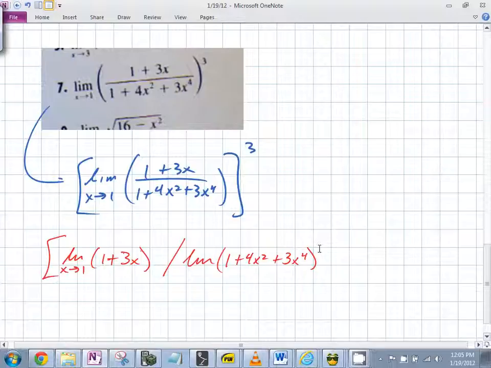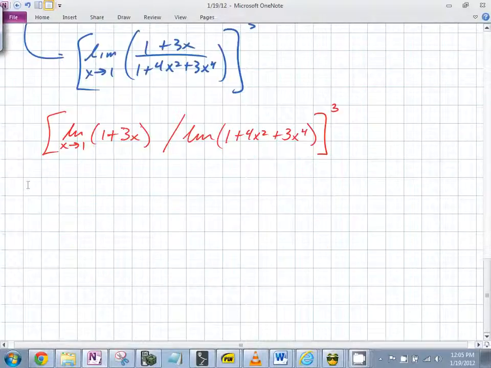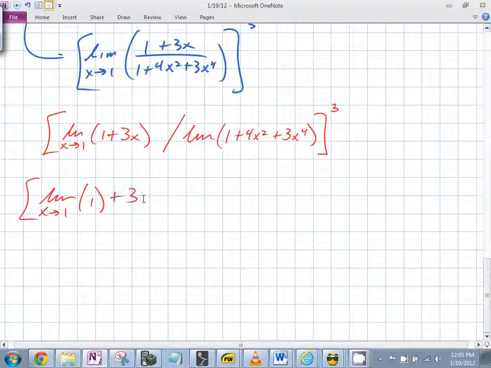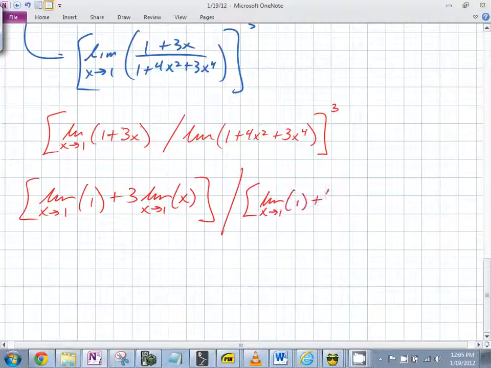And then you could do the limit as x goes to 1 of 1 plus 3 times the limit as x goes to 1 of x, that quantity divided by the limit as x goes to 1 of 1 plus 4 times the limit as x goes to 1 of x squared plus 3 times, you see what I mean? x goes to 1 of what? x to the 4th, and then this whole thing is raised to the 3rd.